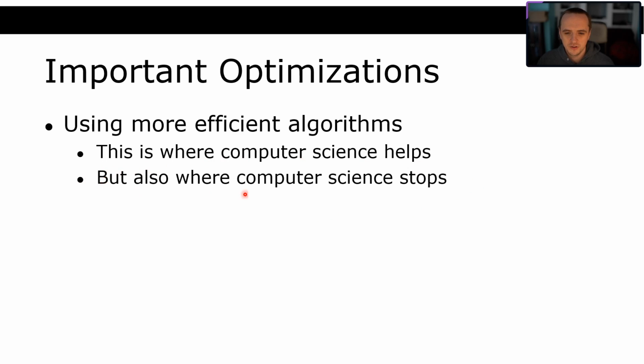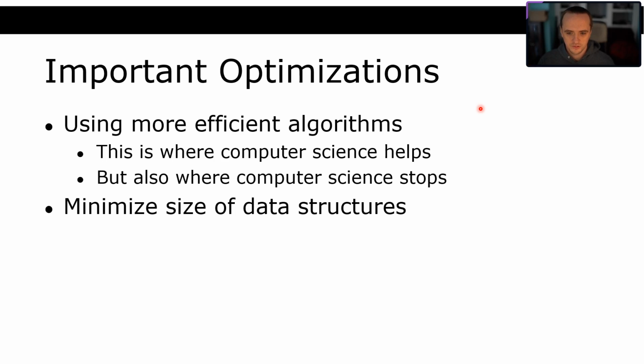But that's also where computer science stops helping you, right? Because at least when I did a computer science degree, I never learned anything about practical implementations of real-world optimizations. None of that was important enough to go into a computer science course. But you're going to learn some of it at least in this course.